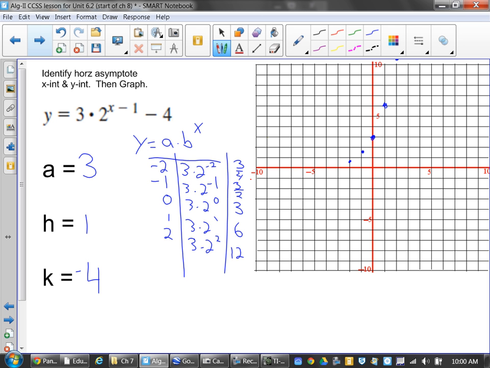So if x is -2, why is it 3 times 2 to the -2, and not 3 times 2 to the -3? Please excuse my dear Aunt Sally. What comes first, exponents or multiplying?